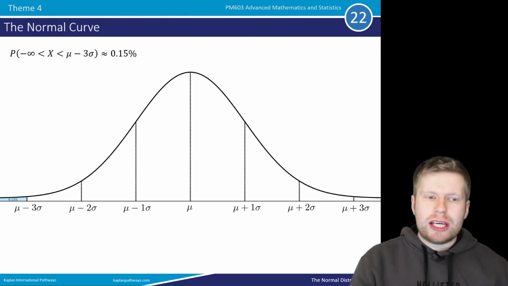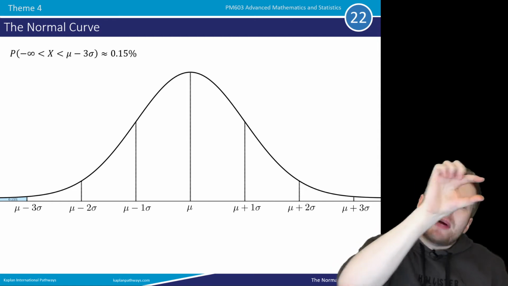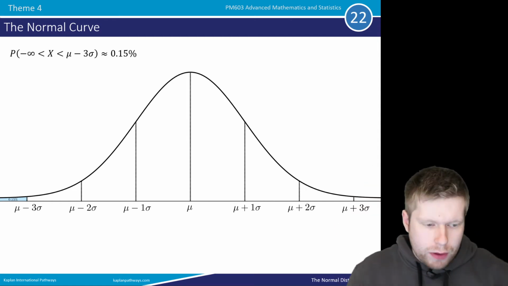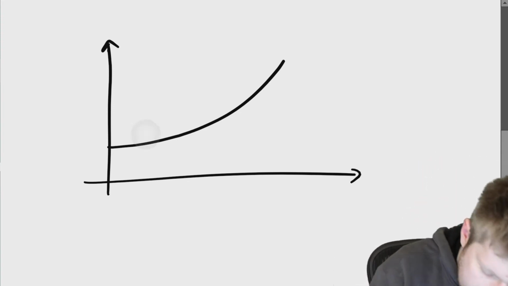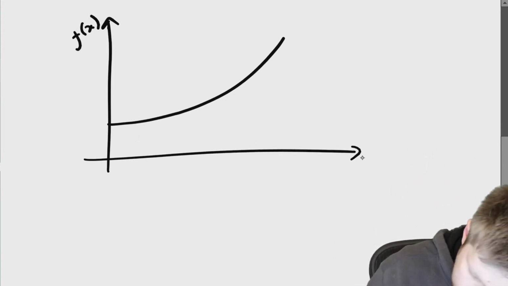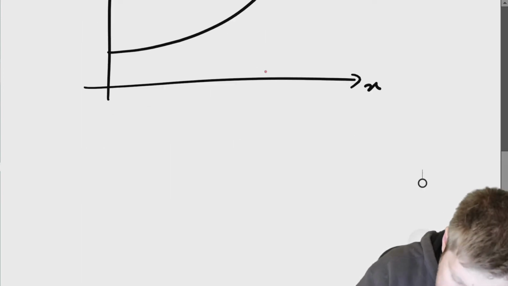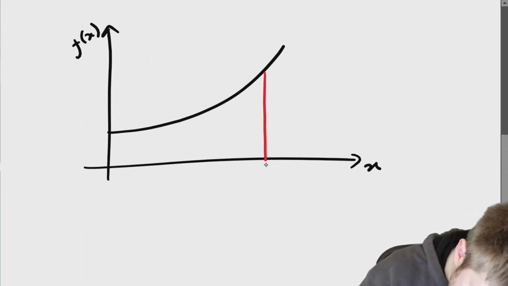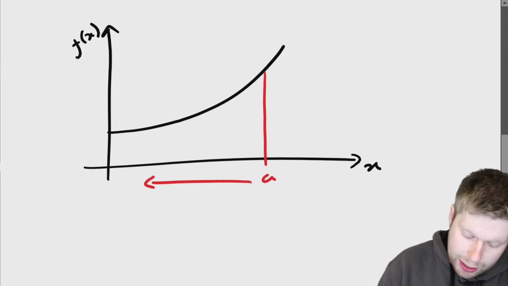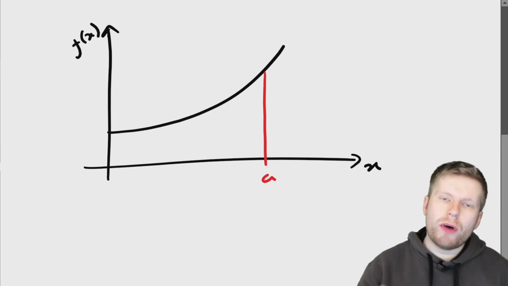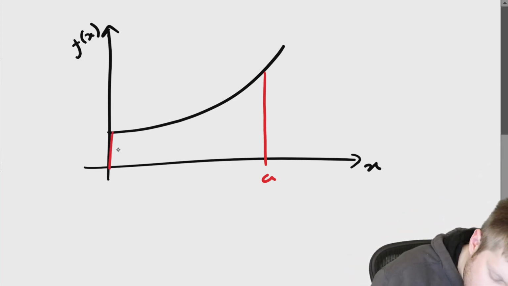In this case, what we're actually interested in for a continuous random variable is no longer the height of the curve, but the area underneath the curve. Because if I take a curve that looks like this, my probability mass function for my particular outcome, and I'm only interested in outcomes less than some particular value, then the height of that curve will be the probability that x is equal to some particular value.